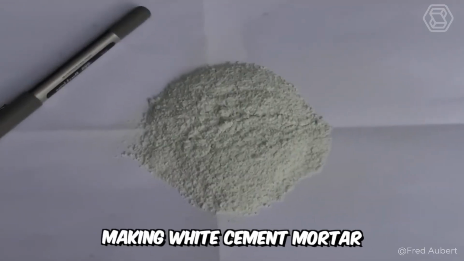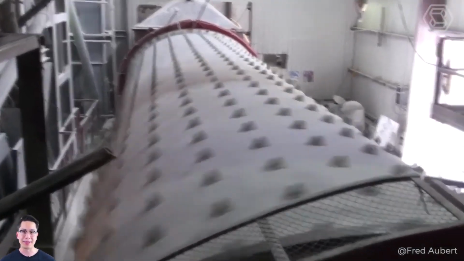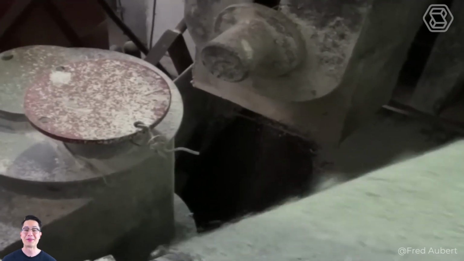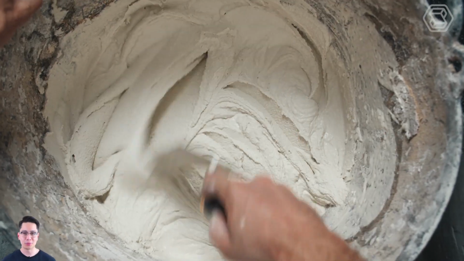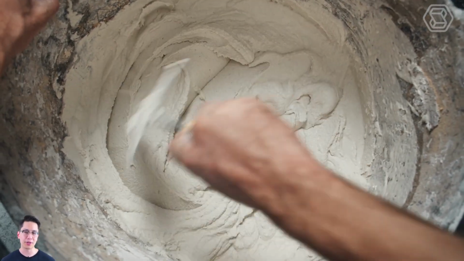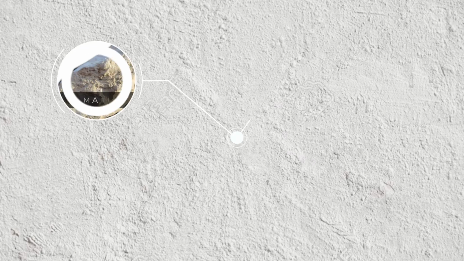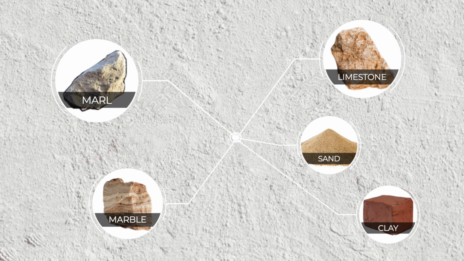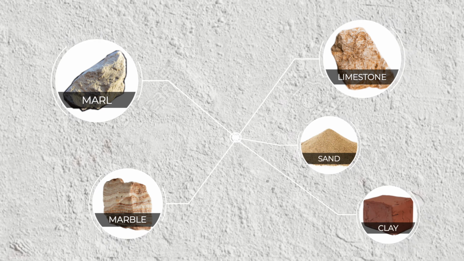Making white cement mortar. Speaking of cement production, it's impossible not to tell separately about the manufacture of white cement. This construction material is often used for surface finishing, and after its complete drying, it becomes pure white. The mix includes marl, limestone, marble, sand, and clay, but not as much in quantity as gray cement.